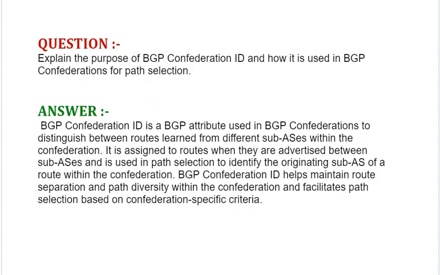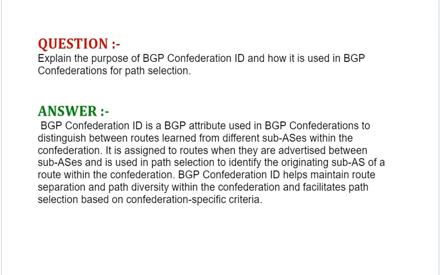Our interview question based on Service Provider Advanced Routing Solutions is: explain the purpose of BGP Configuration ID and how it is used in BGP configurations for path selection. Your answer should be: BGP Configuration ID is a BGP attribute used in BGP configurations to distinguish between routes learned from different sub-ASs within the configuration.